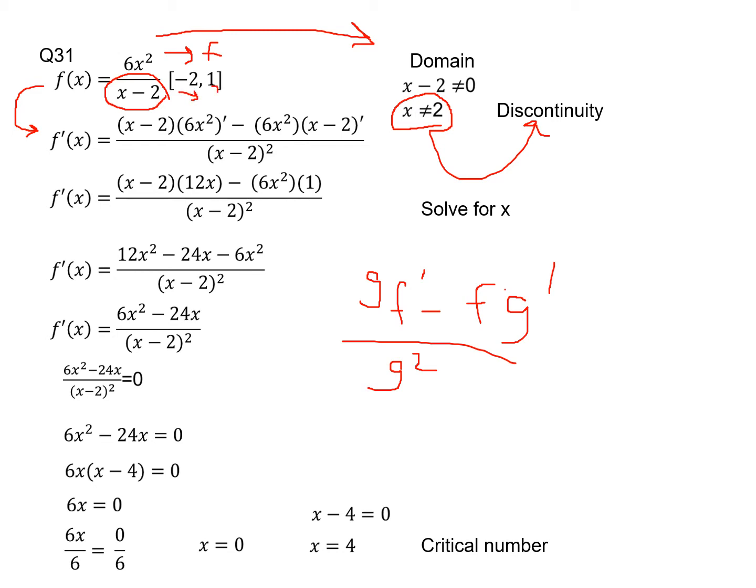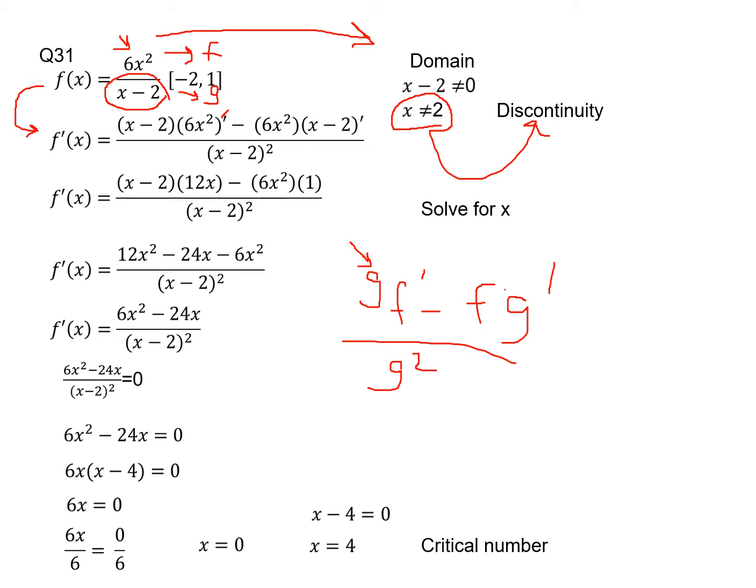So wherever f is written, you replace it by 6x square and replace g by x minus 2. So see, here g is written, so your g is x minus 2, so write it down. Beside it f prime is written, and f is 6x square, so you will write here 6x square with prime. Prime means take the derivative.